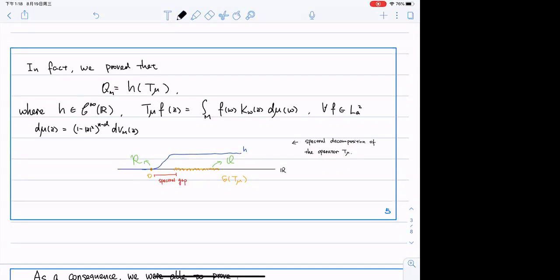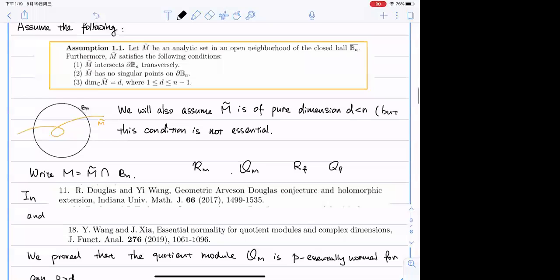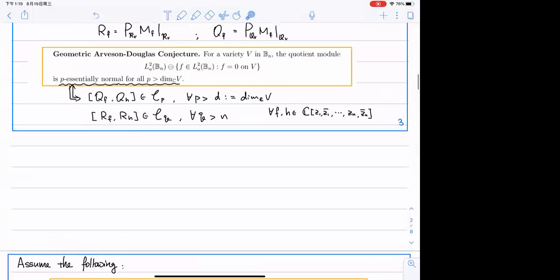Using some technique, we can prove that the T_mu operator commutes with multiplication up to some Helton class, I think that's the 2d Helton class. Using this, we can prove the Q_M projection commutes with M_f up to the right Helton class, and that leads to our conclusion here.